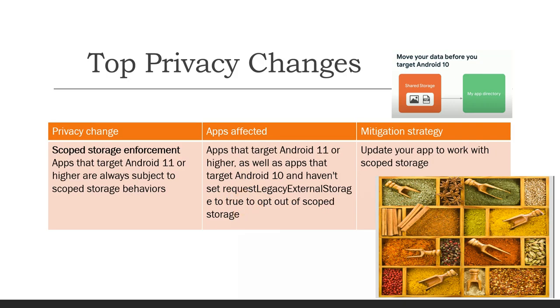If you set this legacy storage, that means you are willing to continue with the old way, that is shared storage, and you don't want to use the new method called scoped storage. So you can use this tag in your manifest file and set it to true to opt out of scoped storage.